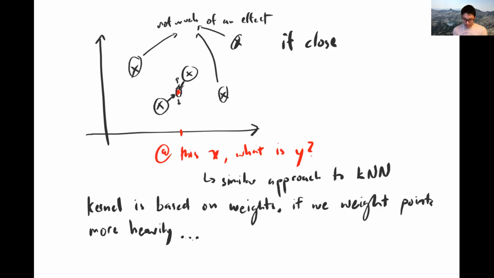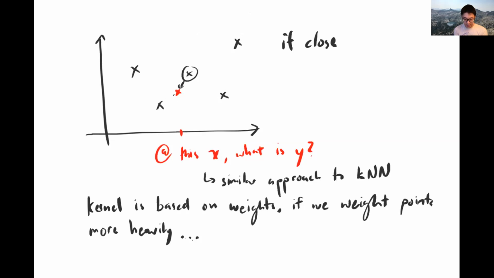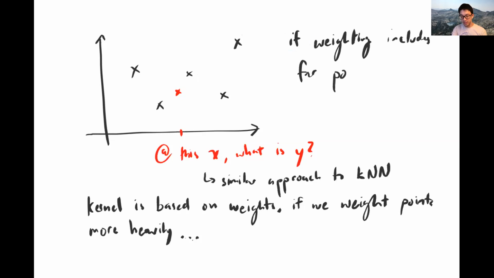On the other hand, if the weighting includes far points, then all of these guys may end up having an effect, right?